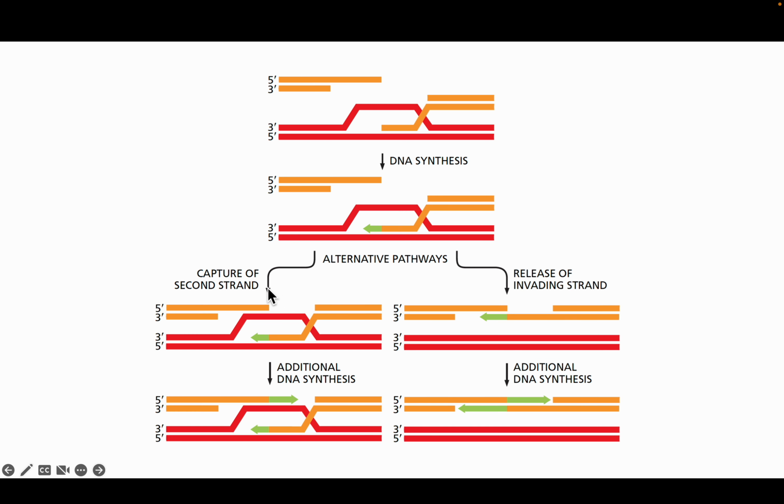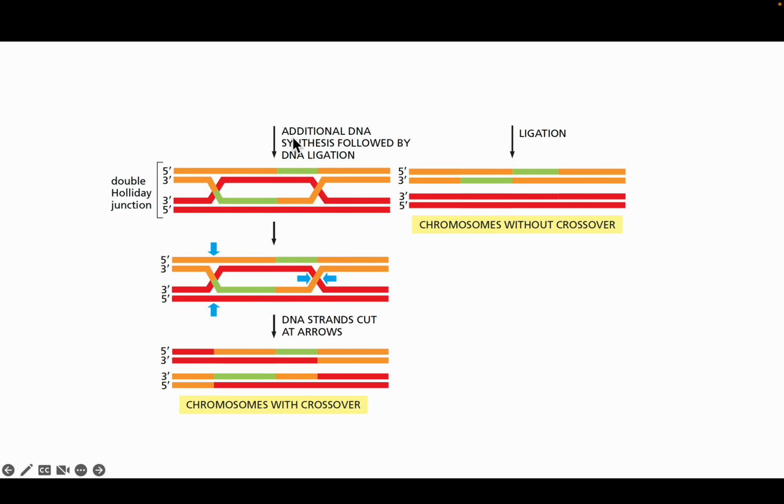And another thing that can happen is that it will capture the second strand, and then additional DNA synthesis happens, so it also replicates, and then they form a crossover. So additional DNA synthesis followed by DNA ligation. Here you can see that a crossover has happened, and this is also called a double Holliday junction.